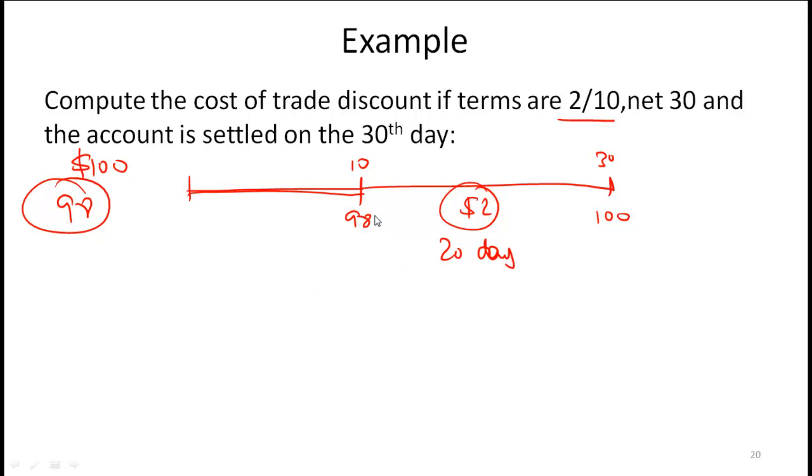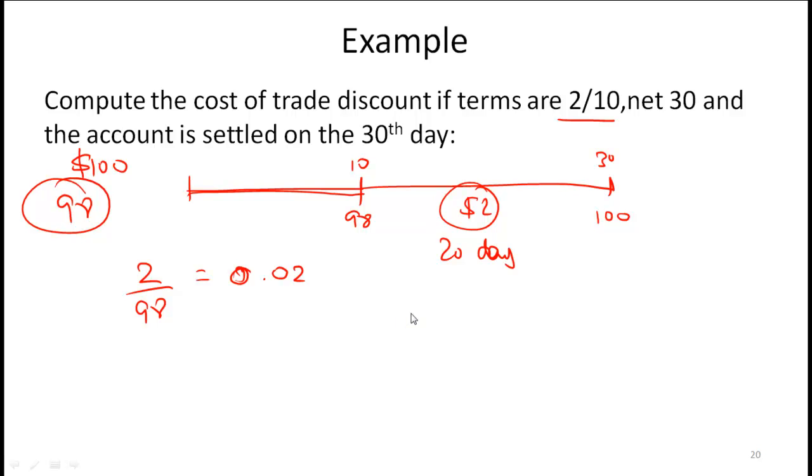So the rate that you are paying is 2 over 98. So the interest is about 0.02, or about 2%. Now this is the 2% for this period, in our case a 20-day period, because we are assuming we'll pay on the 30th day. Now this 2%, how do we annualize this? So if 2% over 20 days, what does this become over a 365-day period?